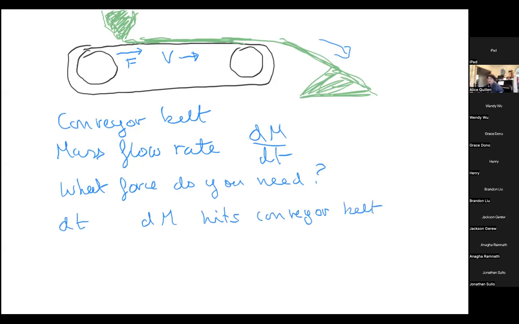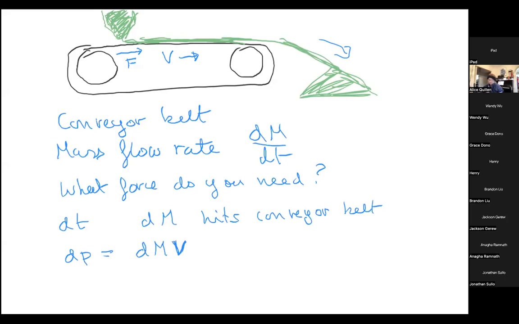So this dm has to be accelerated so that it gets a velocity v. So the change in momentum dp exerted by the conveyor belt to speed up this little dm to velocity v is dm v.